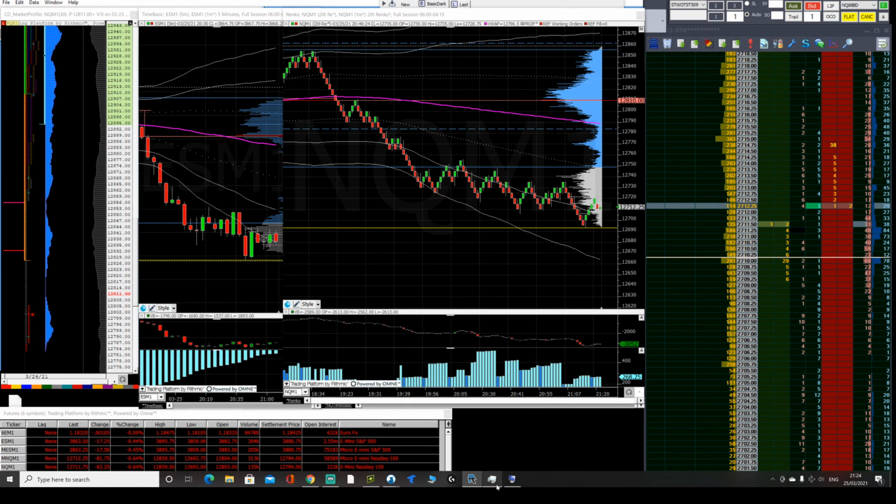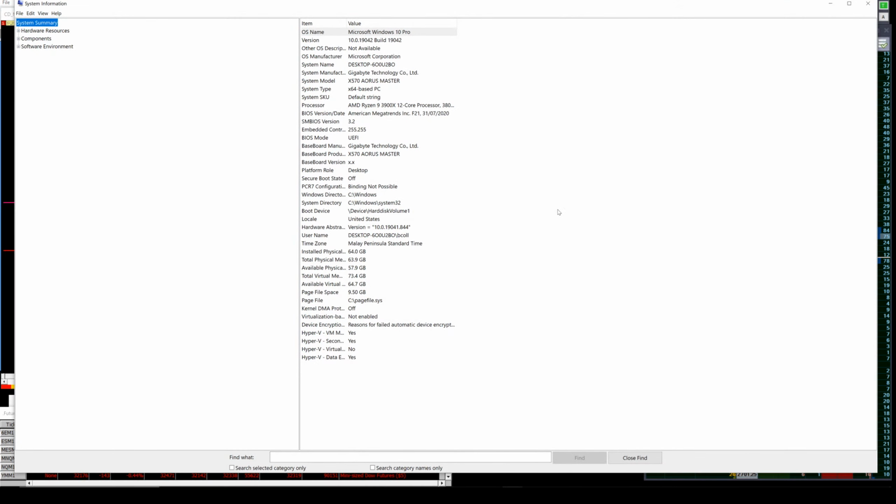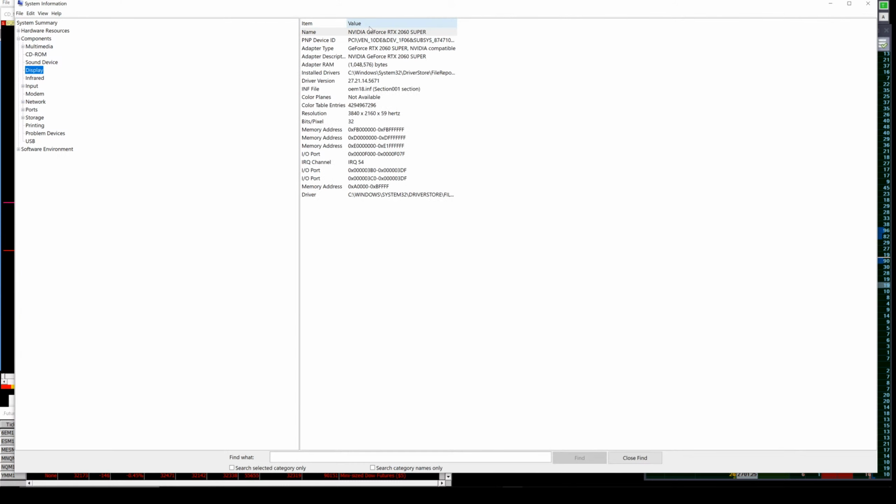5 minutes to go, I'll pop up the sys info just so that it's on the stream. This is the computer. It's an X570 RS Master with a Ryzen 9 3900X, 12 core, 24 thread, 64 gigs of RAM. Components, we've got the NVIDIA GeForce RTX 2060 Super with 8 gigs of RAM.